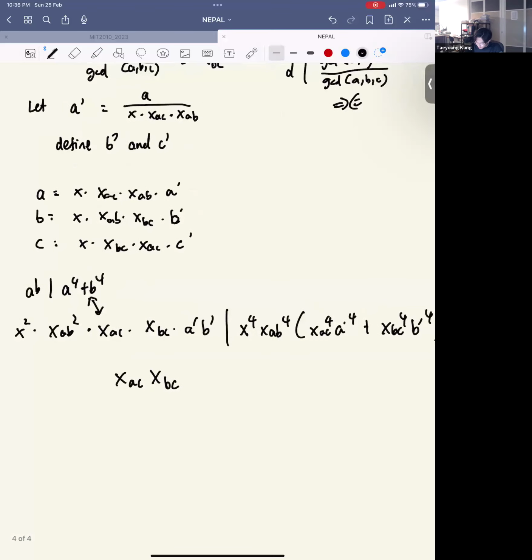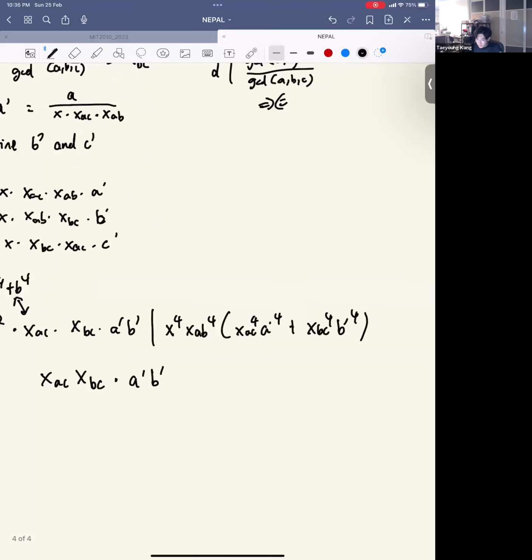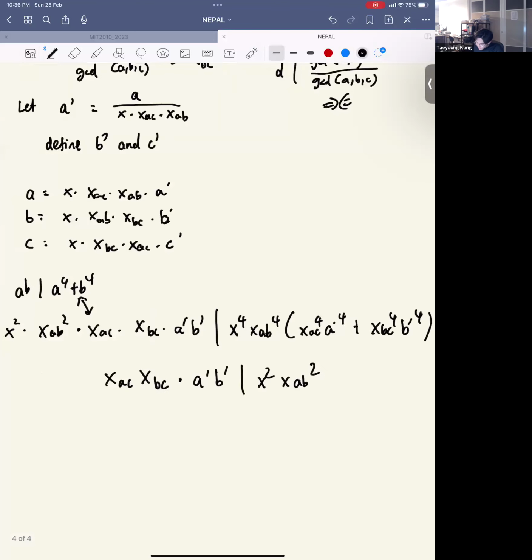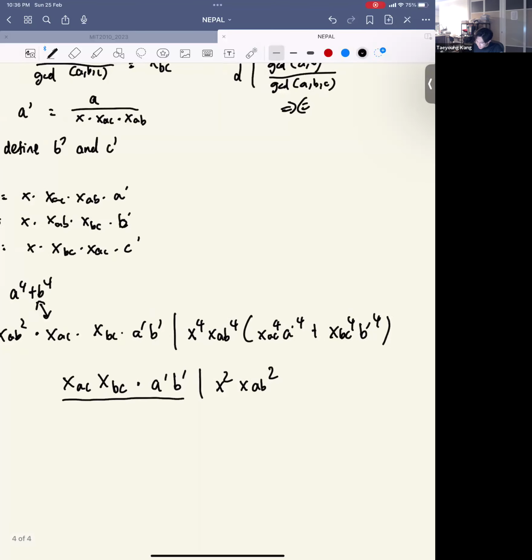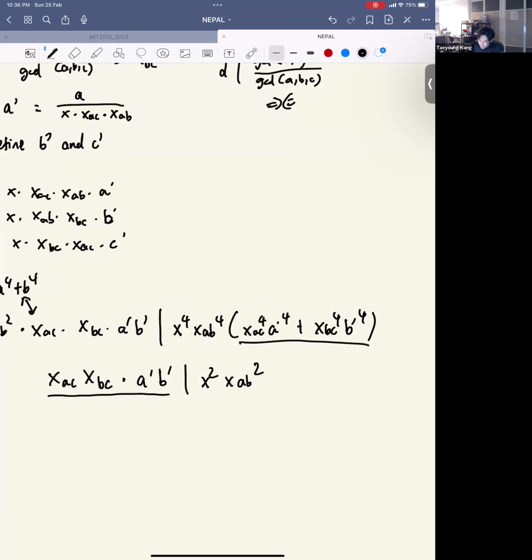XBC times A prime B prime divides X square X AB to the power of 4, A to the power of 2. And this is because XAC, XBC cannot divide this.